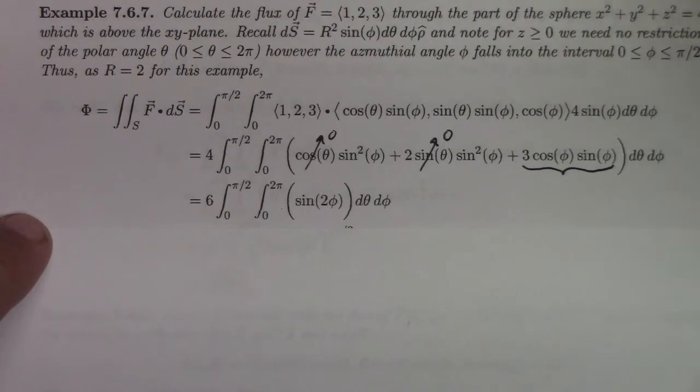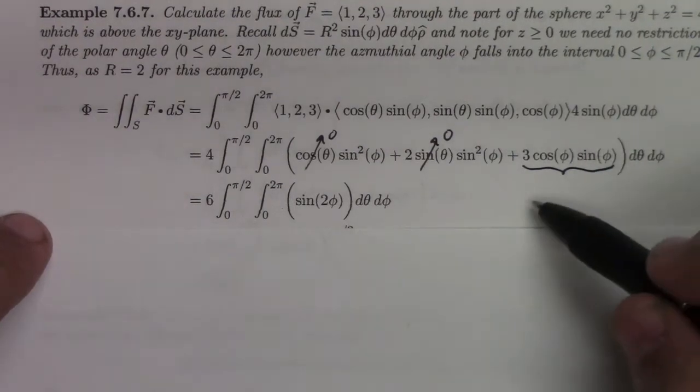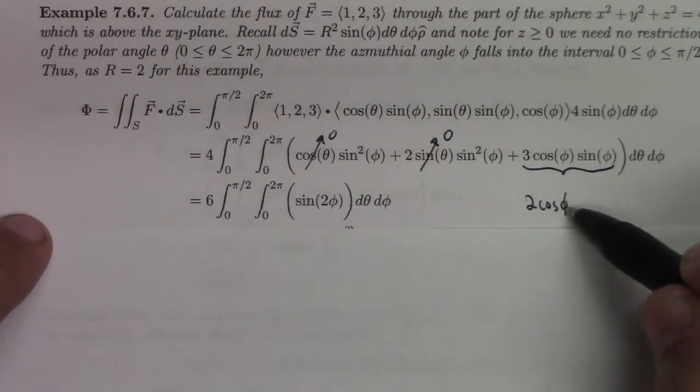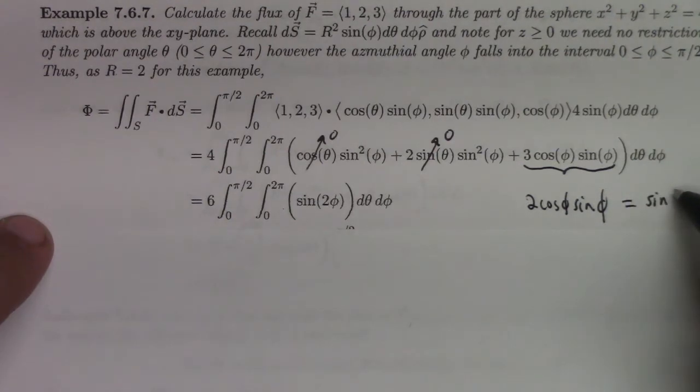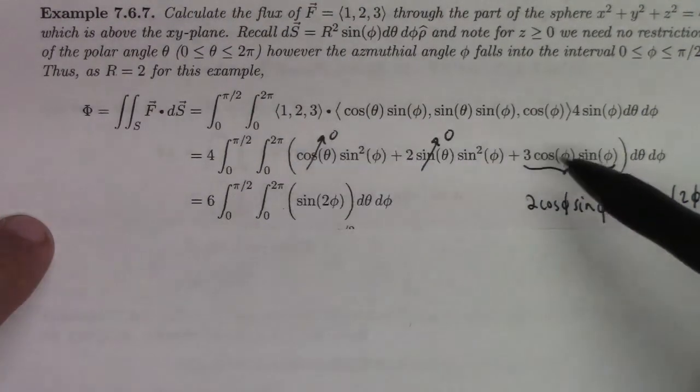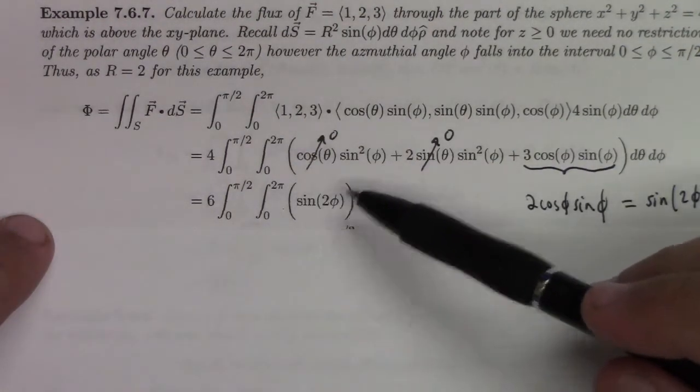Well, how would I get a 6? Oh, right, I'm using trigonometry, which is that 2 cosine phi sine phi is sine 2 phi. That's what happened. I had 4 times 3, which was 12. I got rid of one of those 2's to convert to sine 2 phi.